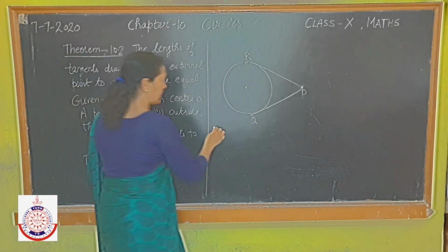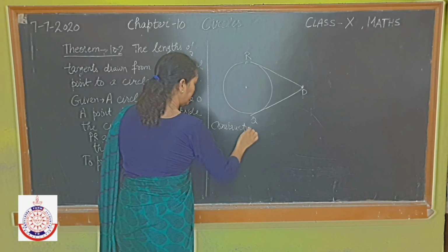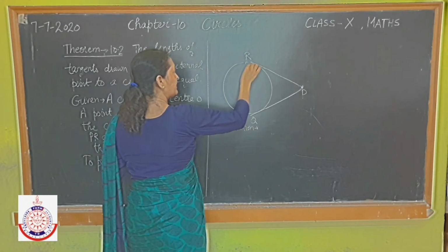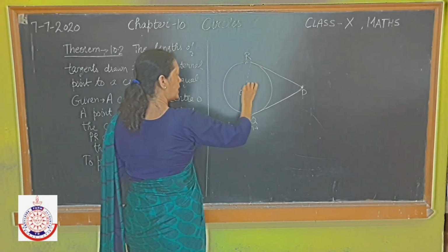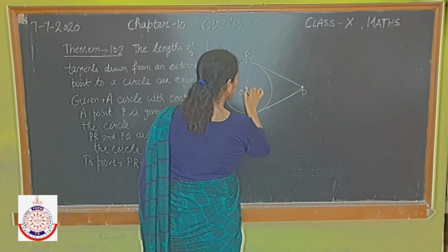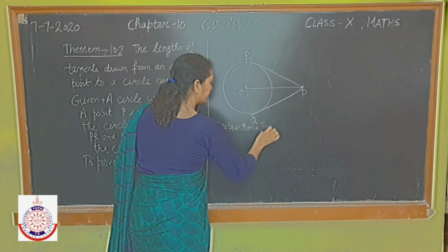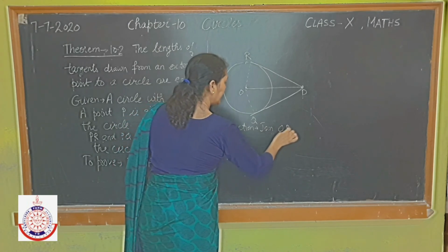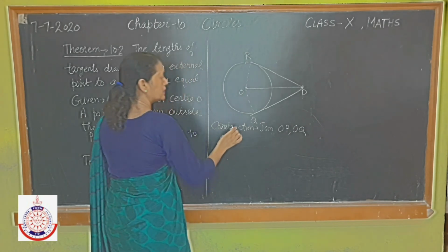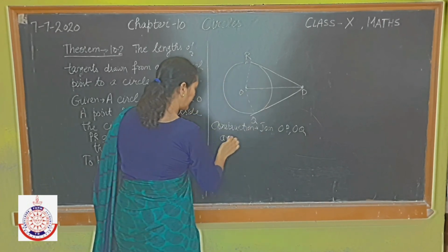Let's do some construction. O is the center. What we'll be doing is joining OR, OQ and OP. Join OP, OQ and OR.